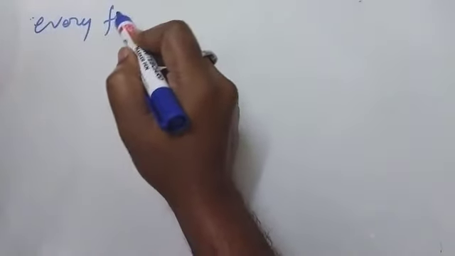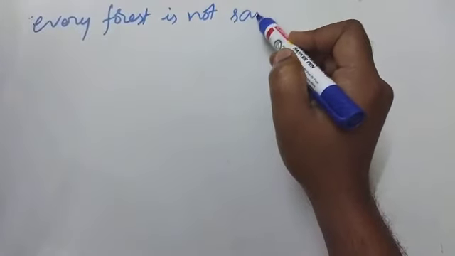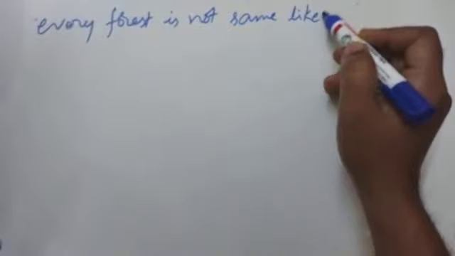There are different types of forests in nature. In what way are they different? Due to different climatic conditions, there are changes in the types of trees and other plants in different forests. Every forest is not the same as other forests.